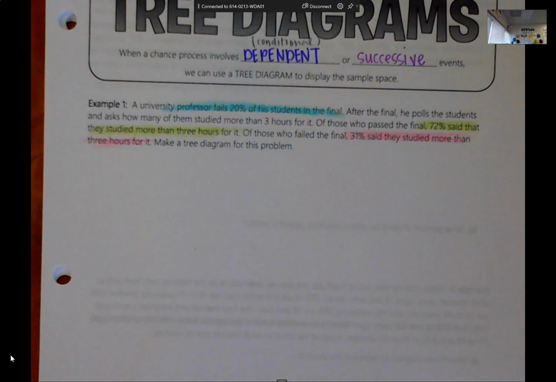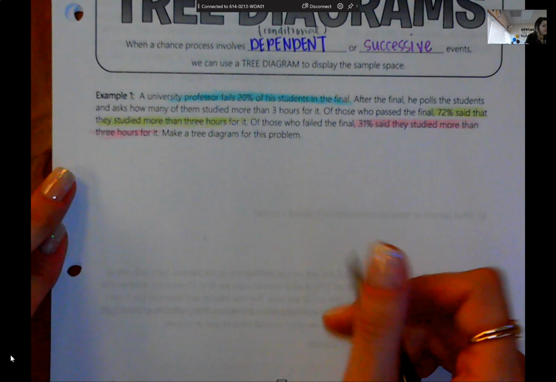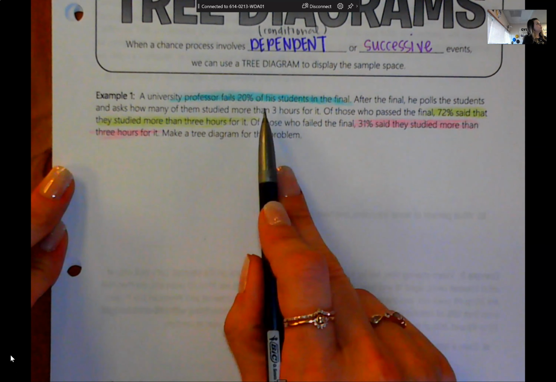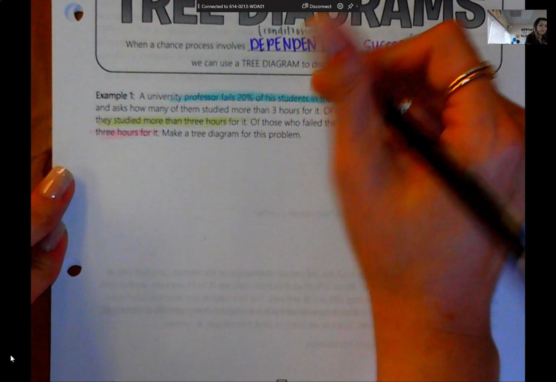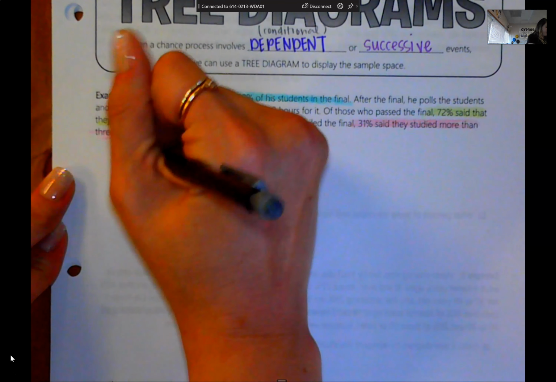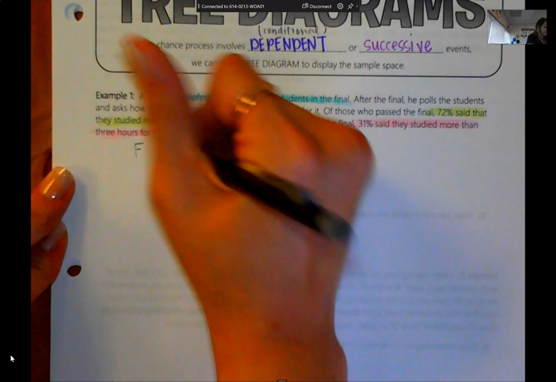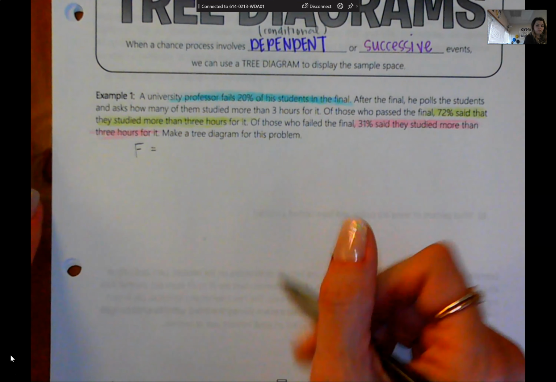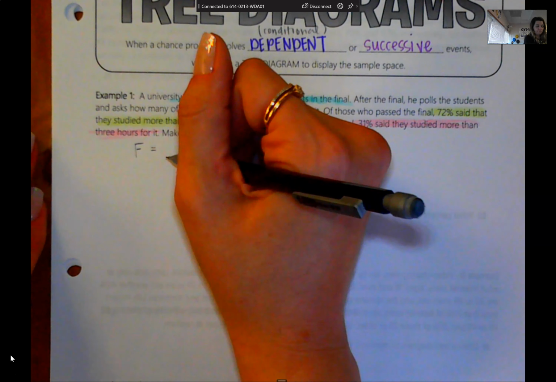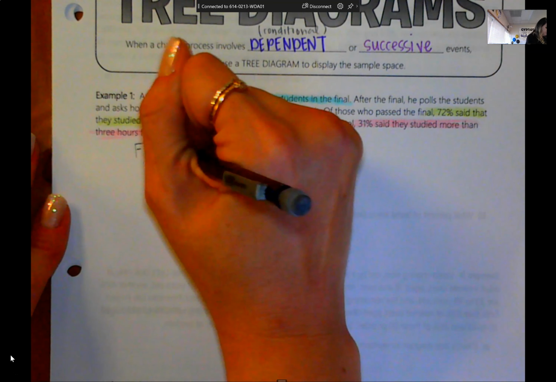So when we make a tree diagram, we start with the event that they gave us the probability for. So they gave us P of F. They told us that the probability a student fails is 20%. So I'm going to say that F, capital F, equals fail or failed.